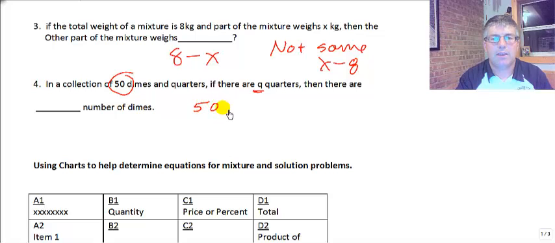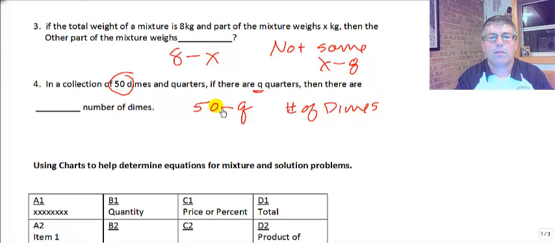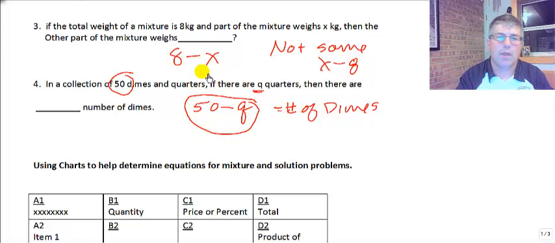That would be 50 minus q would be the number of dimes. So that's our total minus the number of quarters gives us the number left over, the number of dimes. So 50 minus q, 8 minus x, 25 minus y. Our total minus our unknown is the other thing.